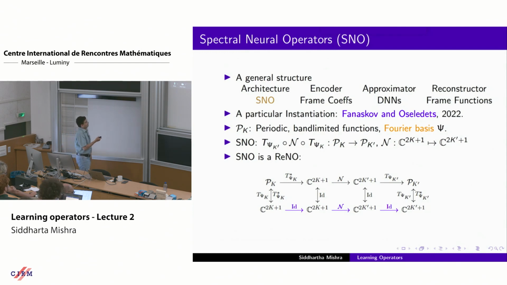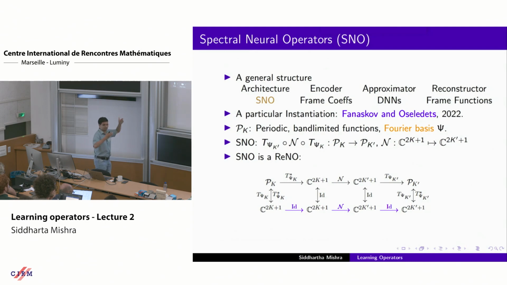A particular realization of it was done in a paper from last year, where they used a Fourier or a Chebyshev basis. You start with a function, extract its Fourier coefficients, process the Fourier coefficients with a neural network, get some answer, and go back to the infinite dimensional space by using the Fourier basis.